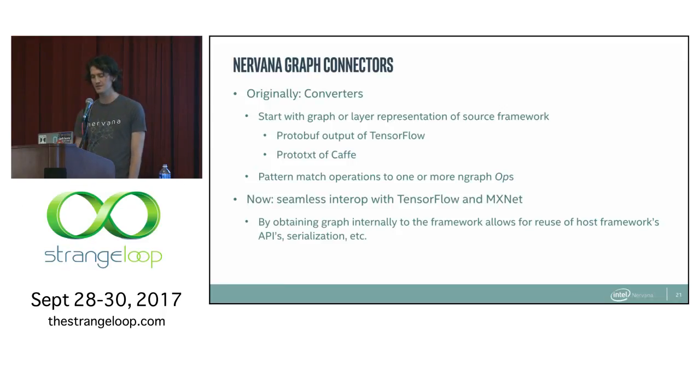Of course, this was a real headache, so now that other frameworks are beginning to expose API access, we're leveraging that. TensorFlow has XLA, which I said we're targeting, and we're also using the API for MXNet.